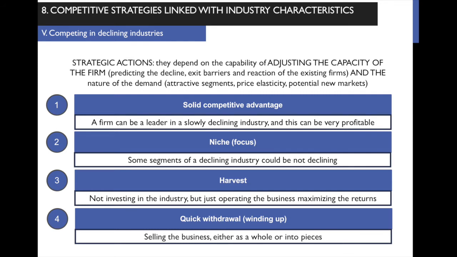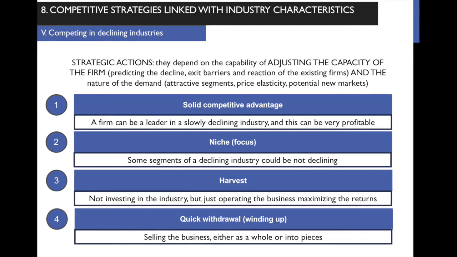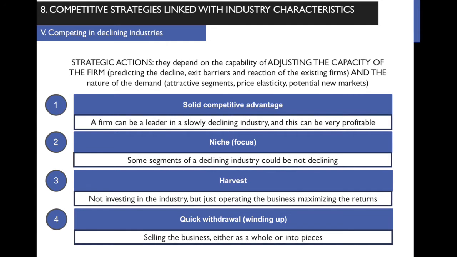Well, it depends. It depends on what? Well, first of all, it depends on the capability of the industry to adjust its capacity and the firms to adjust their capacity. So first of all, if a firm is able to predict the decline, normally they will try to reduce the capacity. So this decline is not going to press this firm so much.